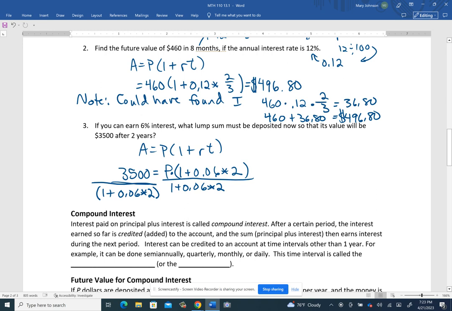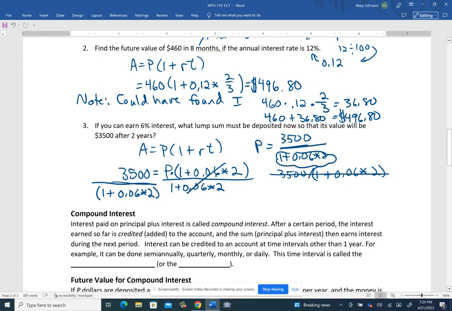If you're going to try to enter this in one step, you don't just go 3,500 divided by 1 plus 0.06 times 2, because that's only going to divide 3,500 by 1, get that answer, and then add. You need an extra set of parentheses. So instead, you may want to work this out right here.